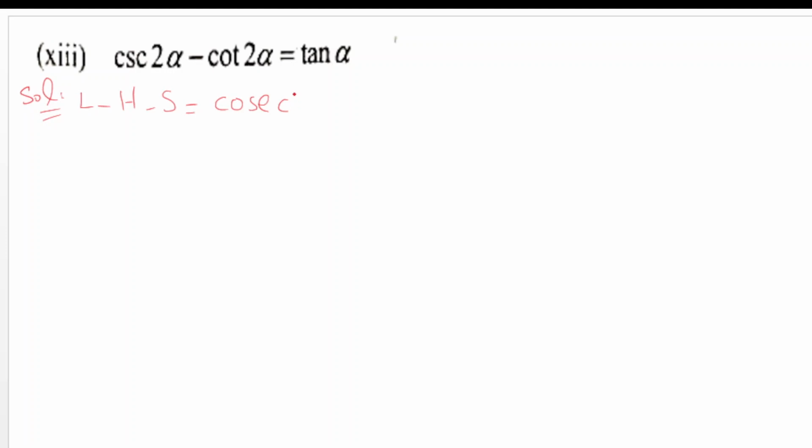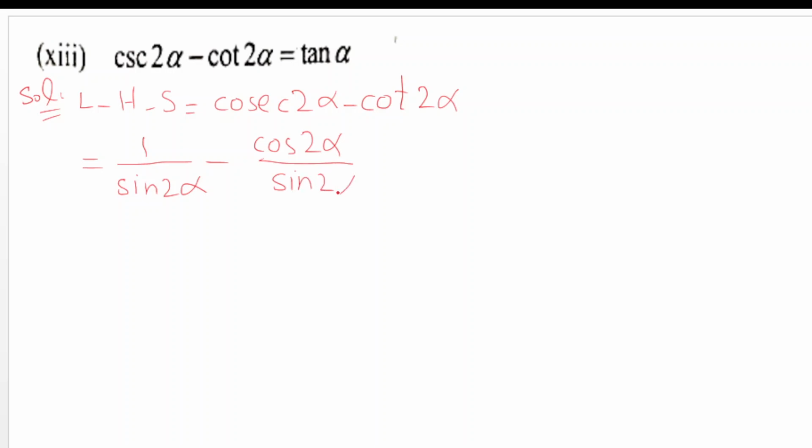And what will be the simplest form? The simplest shape of any question is basically sine and cos. So for cosecant we will write 1 over sine 2 alpha, and for cot we can write cos 2 alpha by sine 2 alpha.